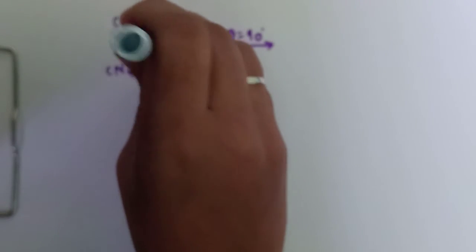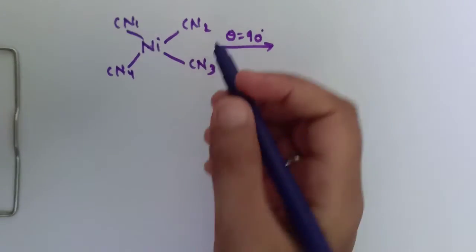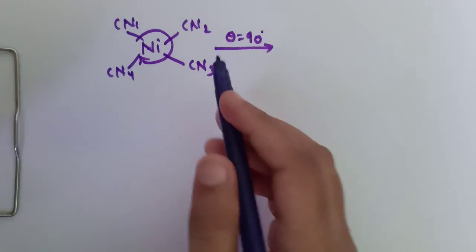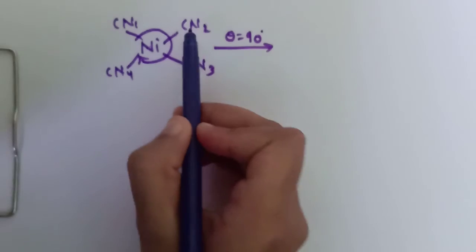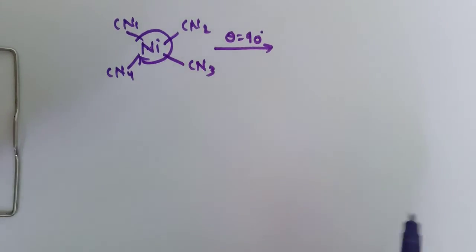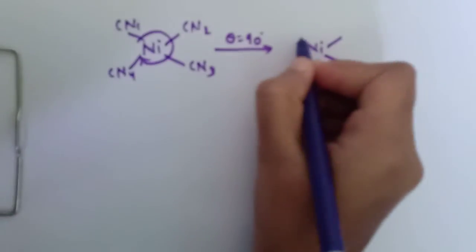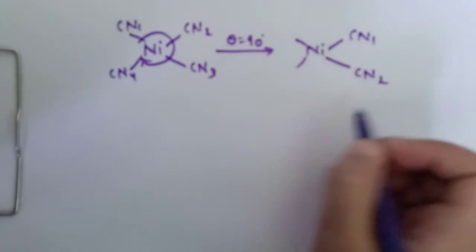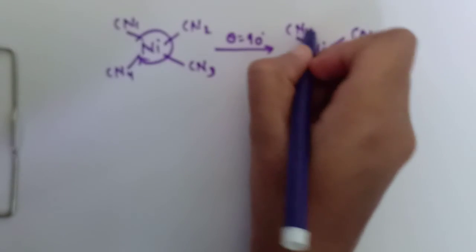This z axis is perpendicular to the Ni atom, and rotating the molecule, the CN1 will come in the position of CN2, CN2 will come in the position of CN3, and this will come in the position of this one, like that. So let's draw one of the configurations, that is CN1 will come this side, CN2 will come this side, CN3 will come this side, and it is the CN4.